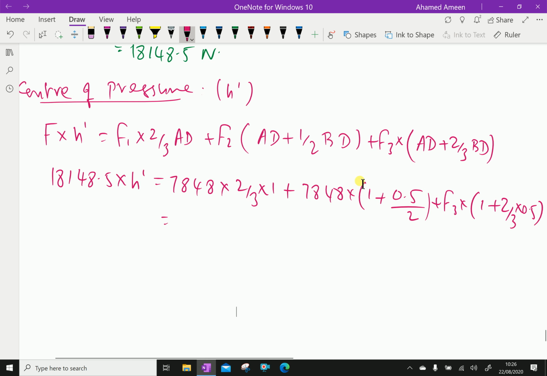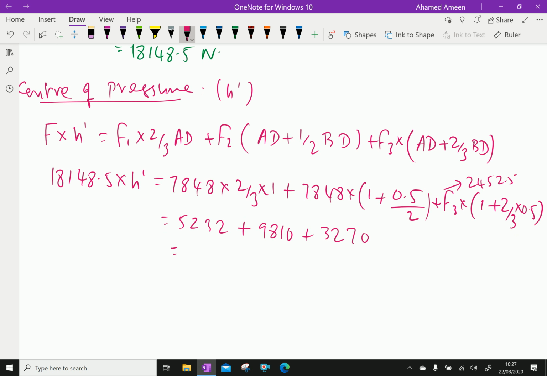This gives 7848 into two-thirds of 1, which is 5232, plus 0.5 divided by 2 is 0.25, plus 1 is 1.25, multiplied by 7848 is 9810, plus F3, 2452.5, into two-thirds of 0.5 plus 1, which is 3270.